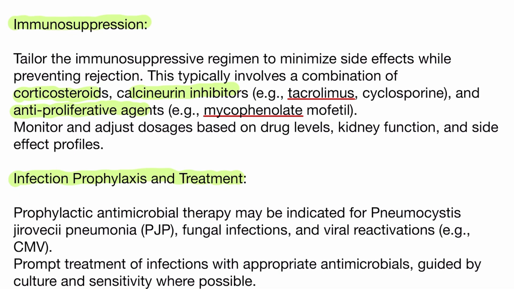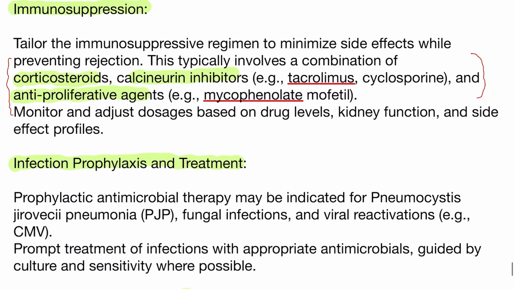So remember these drugs, because sometimes the examiner may ask what immunosuppression you're going to give for these patients. Monitor and adjust dosage based on drug level, kidney function, and side effect profile.